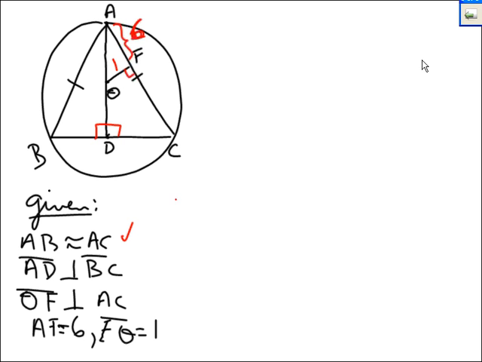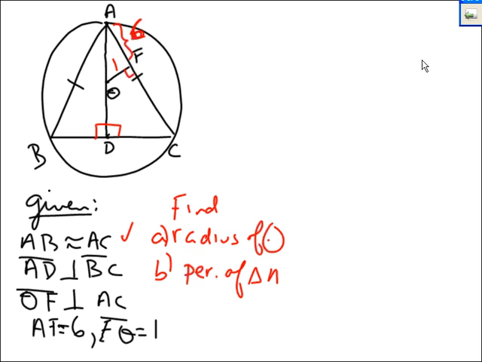And you want to find the radius of the circle. You also want to find the perimeter of triangle ABC.